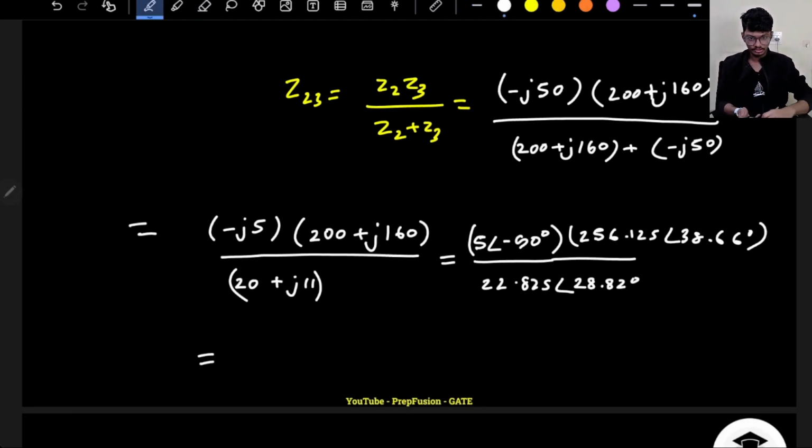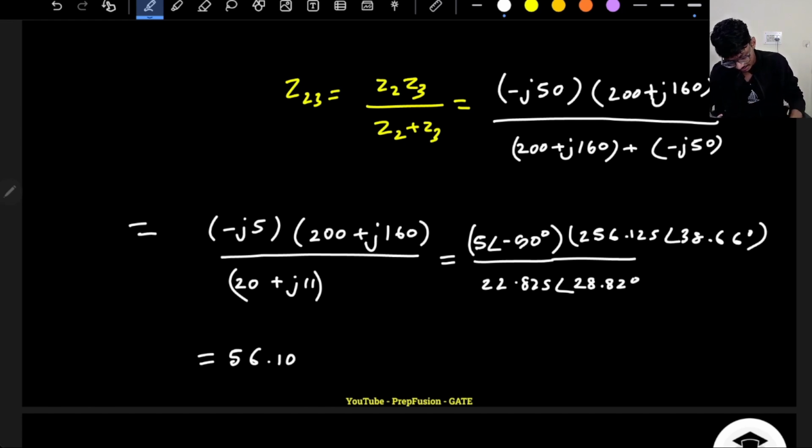So this value will come out to be, I'll just quickly calculate this value. 256.125 divided by 22.825 into 5. So this is 56 point something, 56.10.